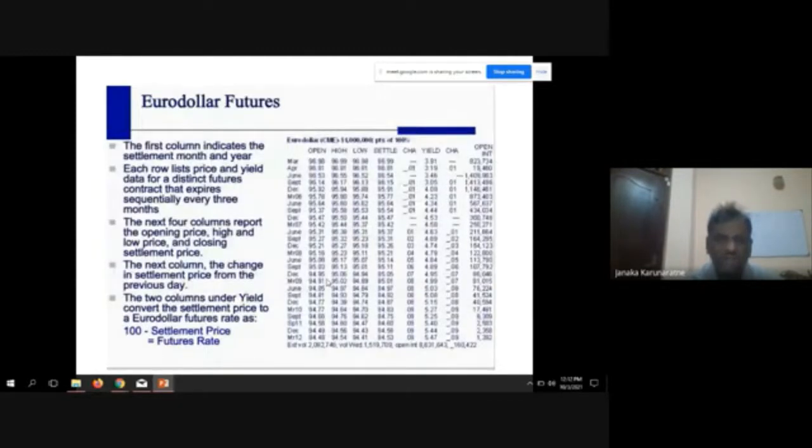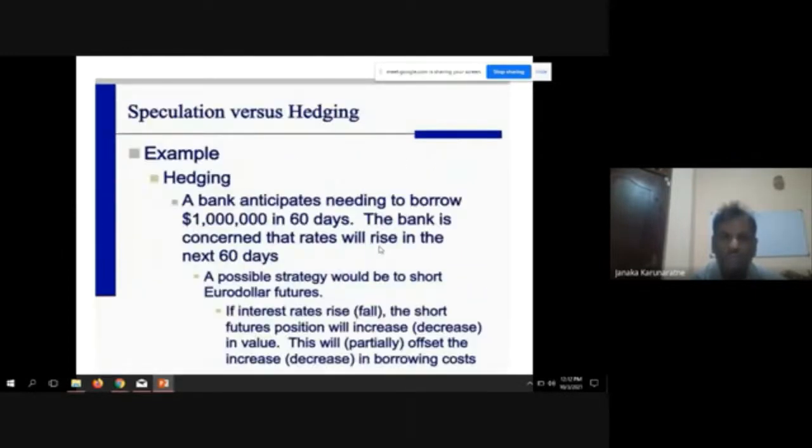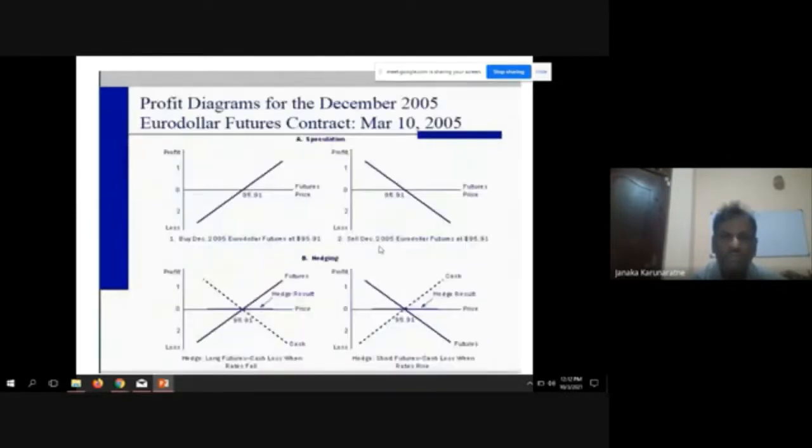Interest rate falls, futures price will go up. The futures price will go up.